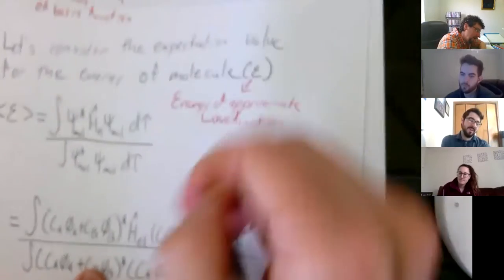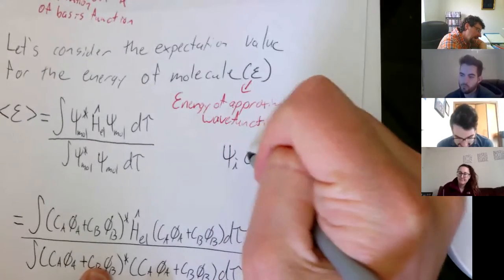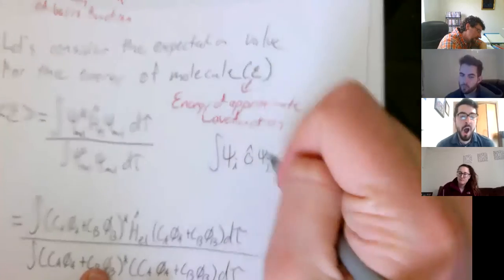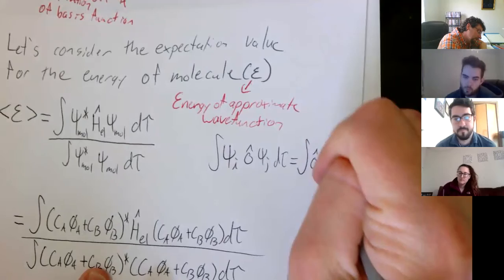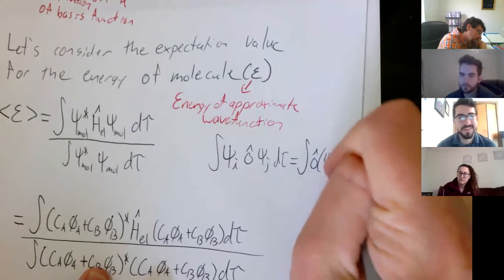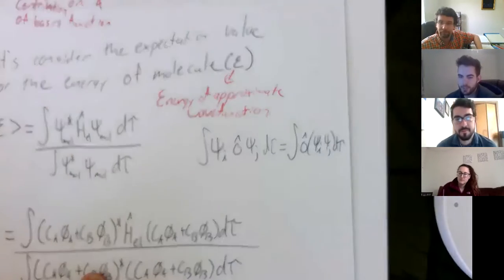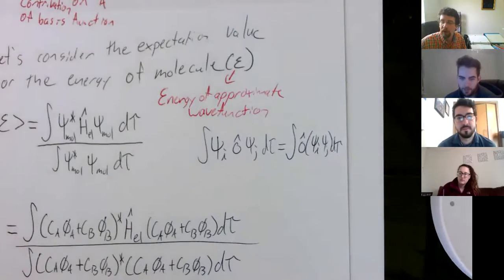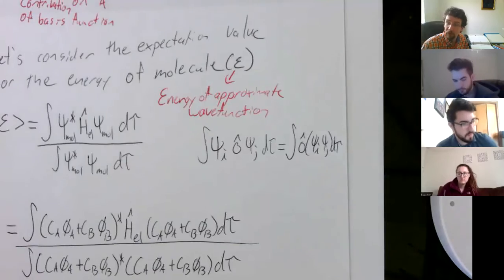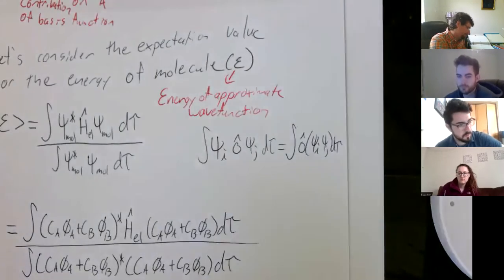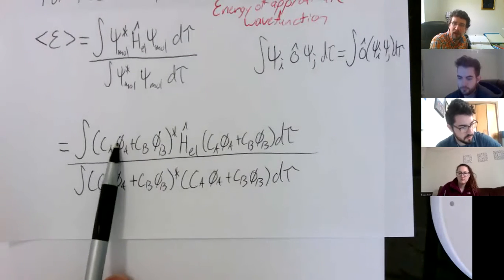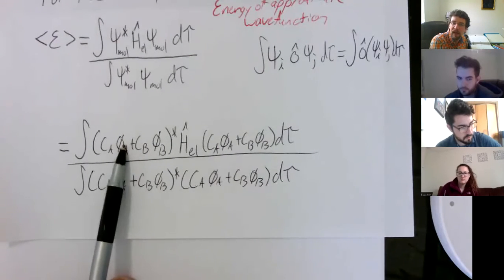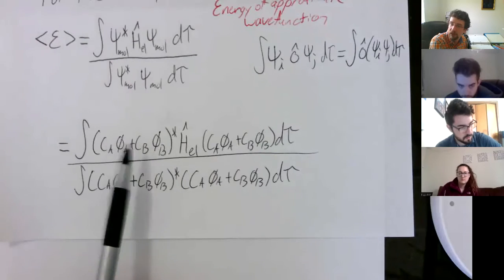For example, if you had the integral of psi i, operator, psi j, that should be equal to the reverse. Yeah, that's what I'm thinking of. The way we test for it is by doing that and figuring out if it still equals the same thing. You can show that this is Hermitian. We're not going to, I'm lazy. So what we're going to do is square this essentially.